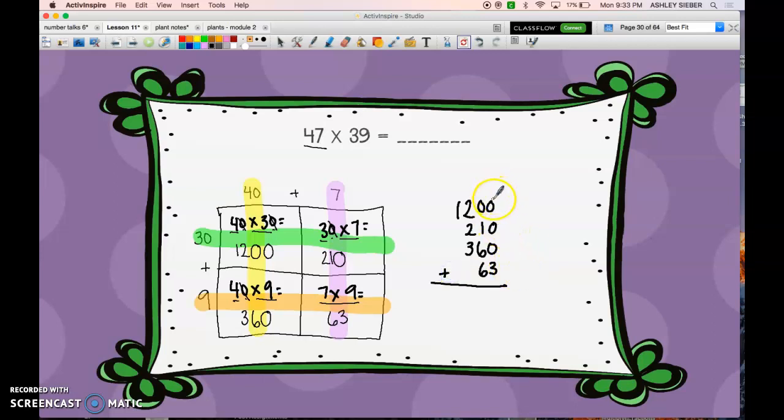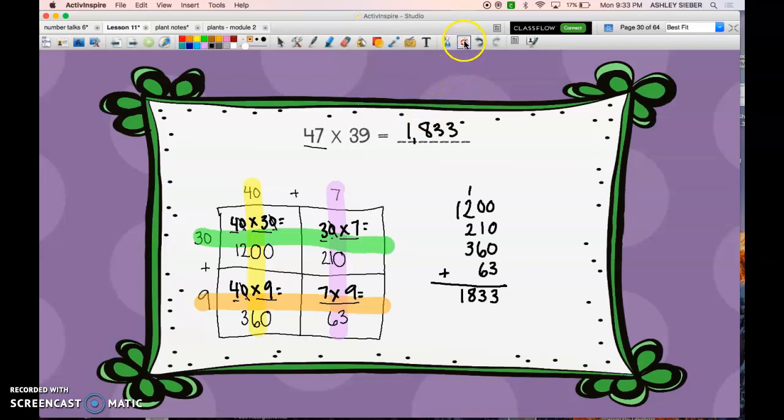Now adding up my columns. 0 plus 0 plus 0 plus 3 is 3. 0 plus 1 plus 6 plus 6 is 13. 3 plus 2 is 5, plus 2 more is 7, plus 1 more is 8, and 1 plus nothing is 1. So I have 1,833.